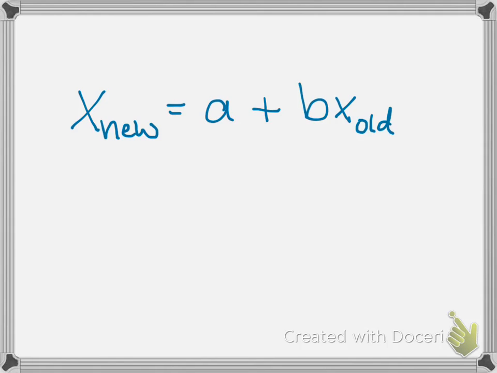Now, depending on what units you're trying to get to, you might not have to go through both of these pieces, but a transformation could potentially contain two different parts. This B here, this is going to be a change in size.